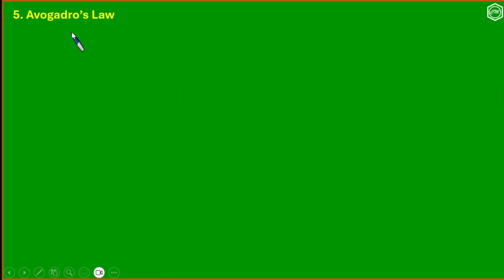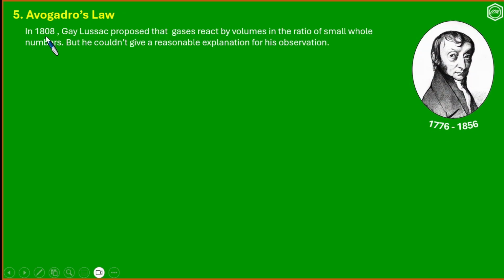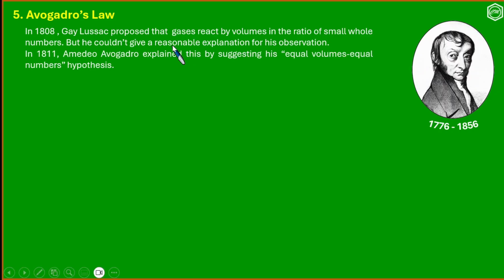The fifth law is Avogadro's law. In 1808, Gay-Lussac proposed that gases react by volumes in the ratio of small whole numbers, but he couldn't give a reasonable explanation for his observation. In 1811, Amedeo Avogadro explained this by suggesting his equal volumes, equal number hypothesis.